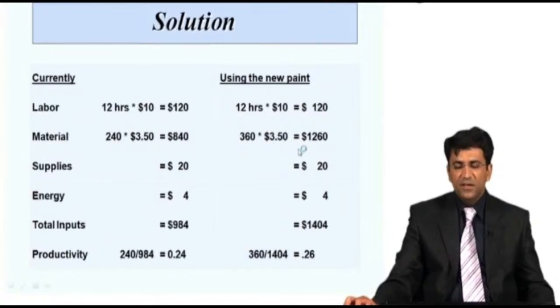So we can get the material cost in this case as $1260. Supplies cost will remain same, energy cost will remain same, and now the total input cost is $1404. Again, the productivity is equal to new output, that is 360, divided by total input we just calculated, and this will be equal to 0.26. So in this way we can calculate the productivity before and after the usage of that new paint.